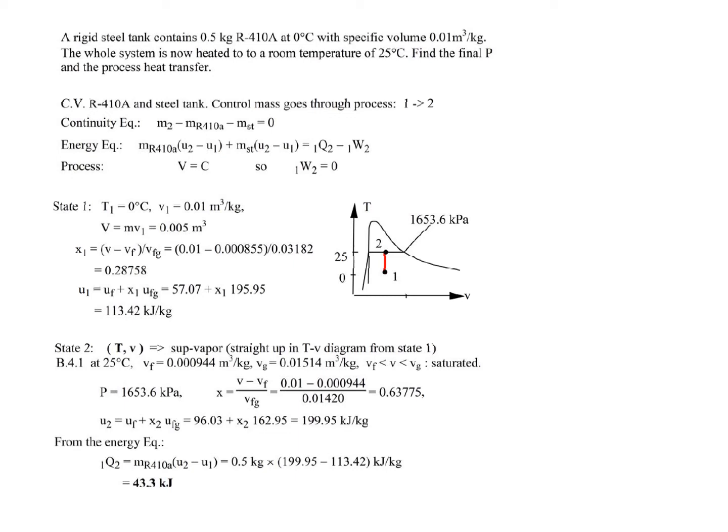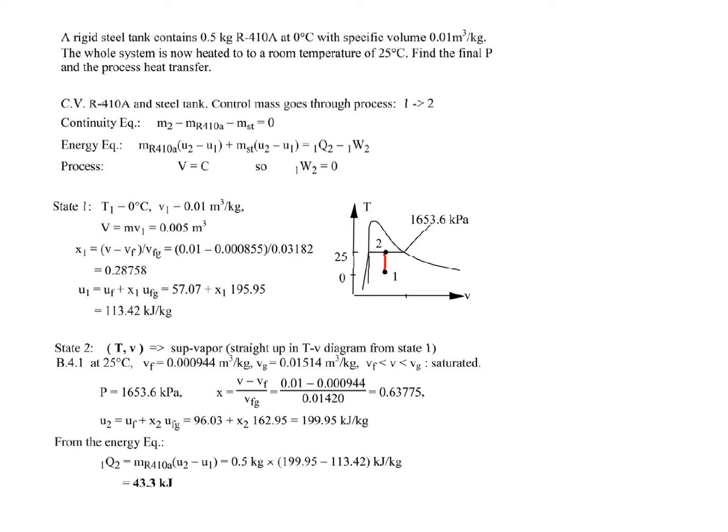Now again we will combine the 0 degree centigrade and the 0.01 meter cube per kg specific volume, and look for the thermodynamic properties. We compare this 0.01 meter cube per kg volume with Vf, Vfg and Vg in the saturated tables for R410A.